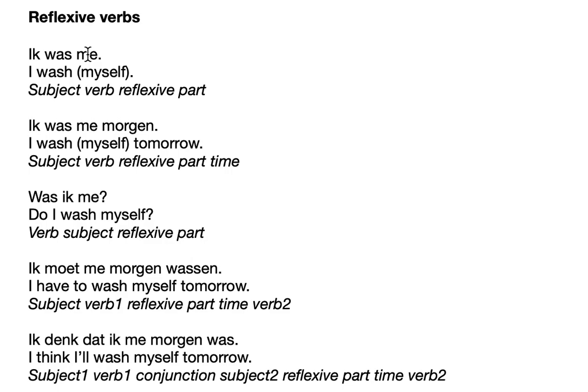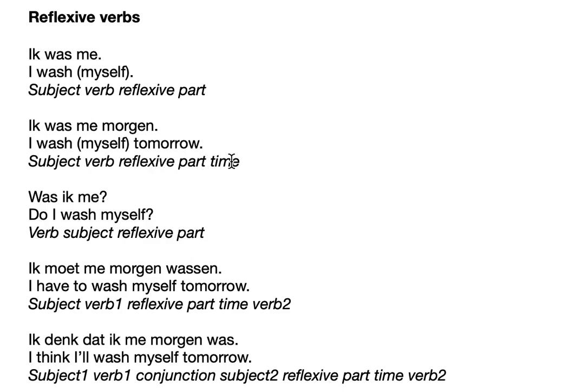And what does this do to the word order? Well, actually not much. This is a part I put in the video here because the previous one was really hard. It's mostly just like in English. I wash myself, ik was me. Subject, verb, reflexive part. Ik was me morgen, I wash myself tomorrow. So this reflexive part will be just behind the conjugated verb, just like in English. I wash myself tomorrow. So subject, verb, reflexive part, and then time.